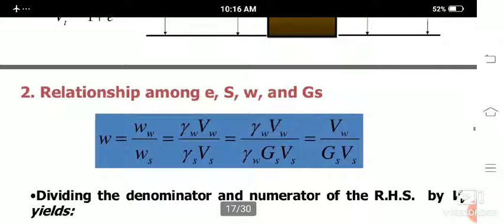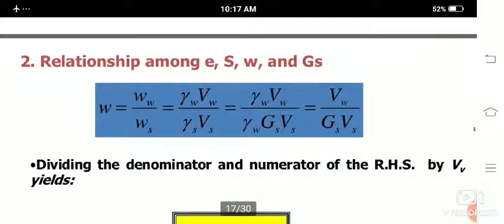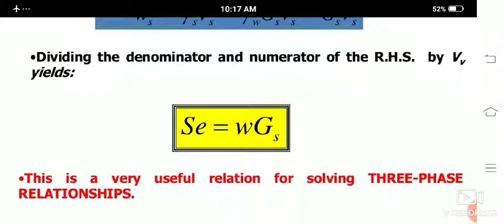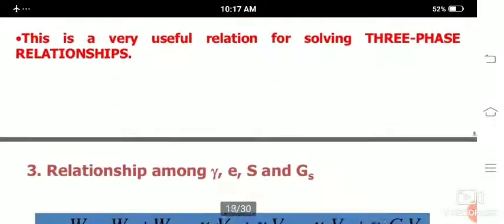Next, the relationship among e, S, w and G_S: when you are dividing the denominators and numerators on the right-hand side by V_s, you will be getting S e is equal to w G_S. This is a very useful relationship in solving the three-phase diagram, that means three-phase relationships also.